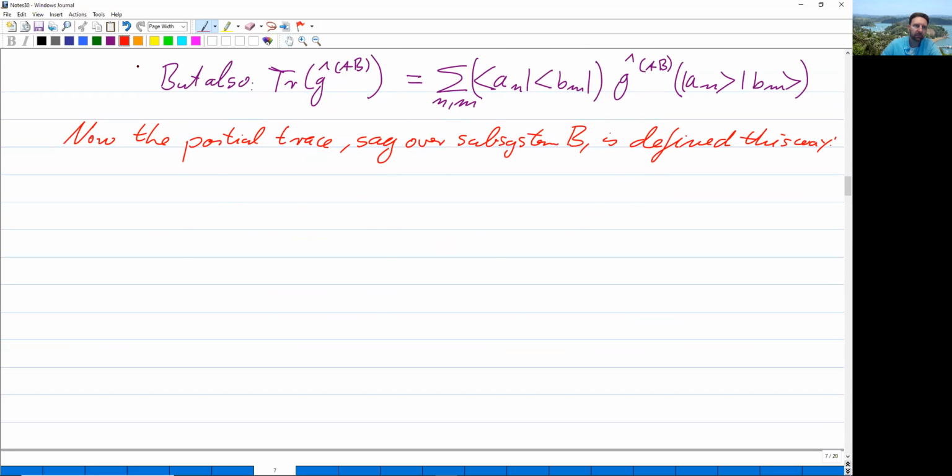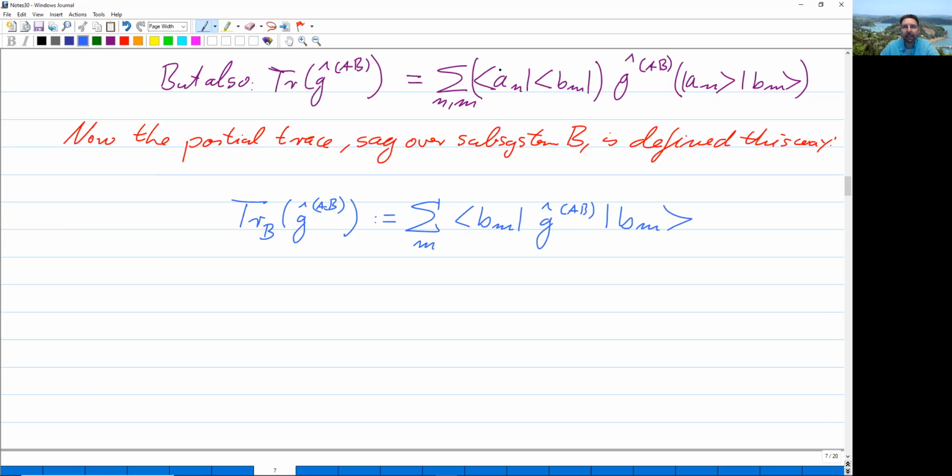So the trace, the partial trace over the subsystem B of the same operator here is by definition the sum only over the m's, and we have only the vectors bm acting on the g hat ab and then the bm.